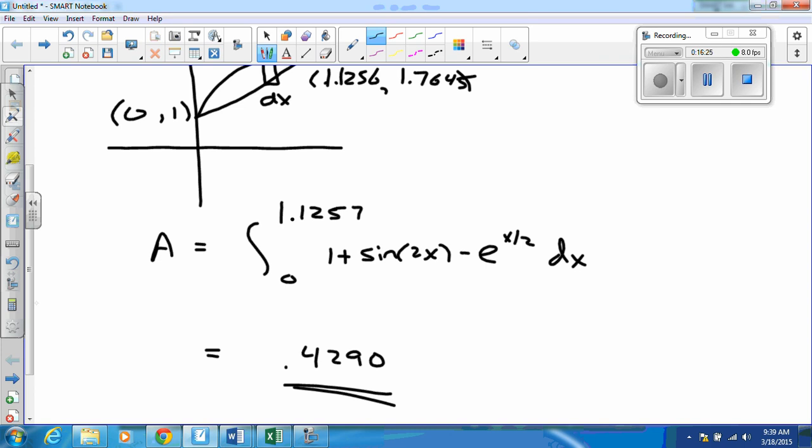You did. What did you get? Do this. Integrate this from 0 to 1.1256. Do that.